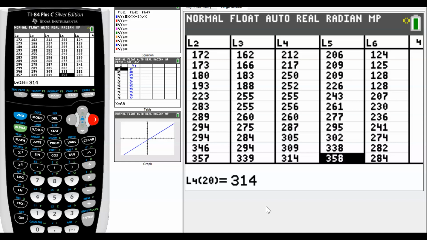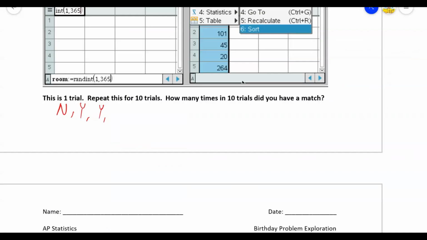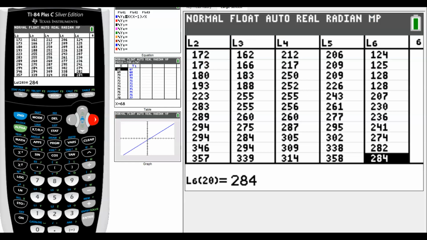So L4 is a no. L5 we said was a yes. And let's just do L6 just to get one more trial in there. 128, we got a match.